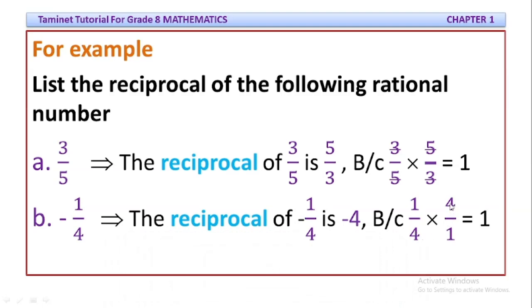So finally 4 by 4 cancel, 1 by 1 cancel, the answer is 1. So here you see both are negative, the negatives cancel, the sign of the product is negative times negative is positive. So the quotient will be positive. So this is a way to determine the product of a given number and its own reciprocal.